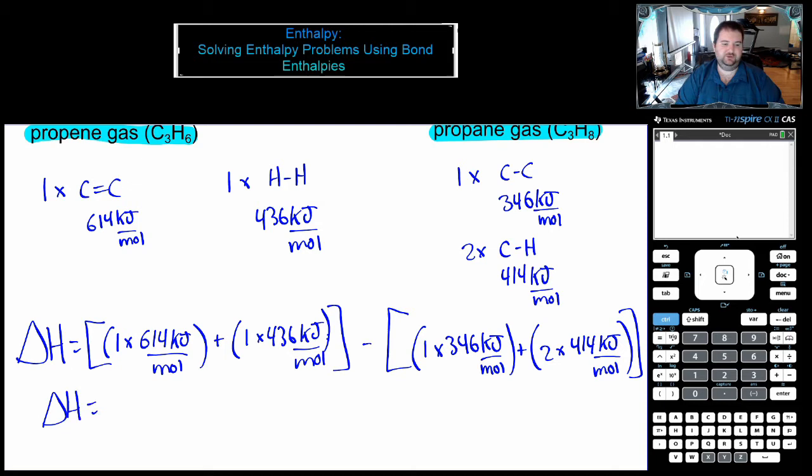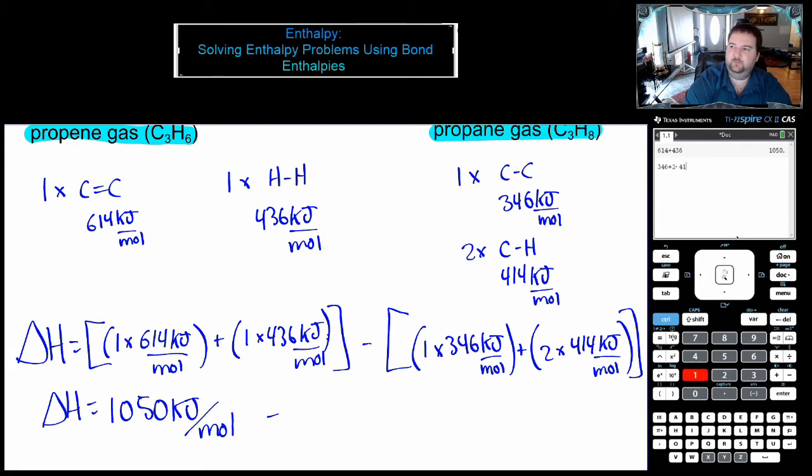So we have delta H equals, I'm going to go to the calculator now, and we want to do 614 plus 436, because there's only one of each of them. So this is going to be 1050 kilojoules per mole, and we're going to want to subtract 346 plus 2 times 414, which is 1174.